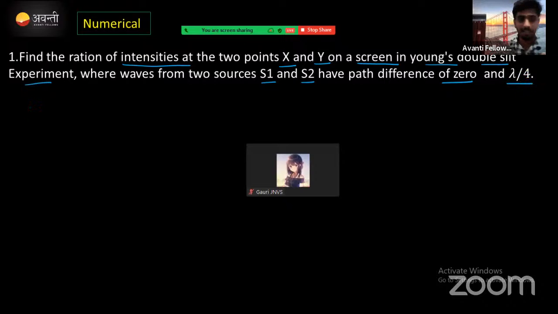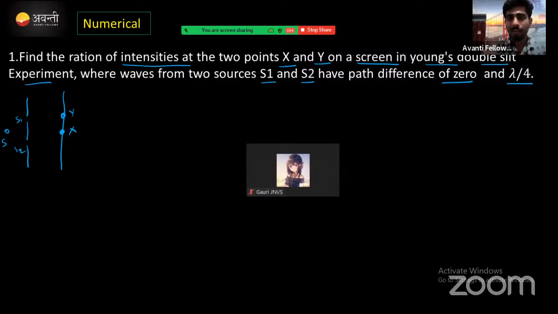Young's double slit experiment means two slits will be available here, not a single slit. With the source there are two slits, S1 and S2. From these two sources, at X and Y places, two fringes are forming.